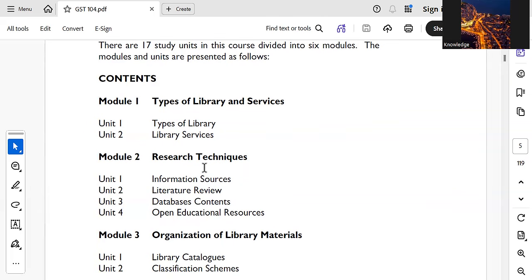You learn how to source for materials, the right place to go where you need a particular material for a particular aspect of your project. So under research techniques, let me take you back a bit to types of library, just a summary. We'll be talking about the school library, the academic library, those are the basic and the common ones.